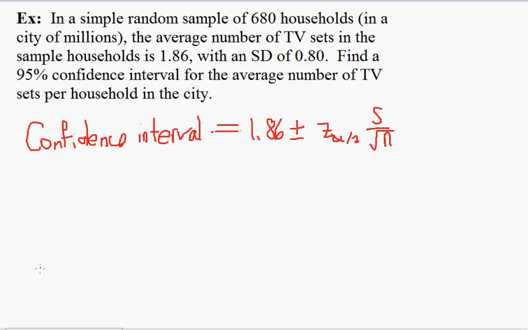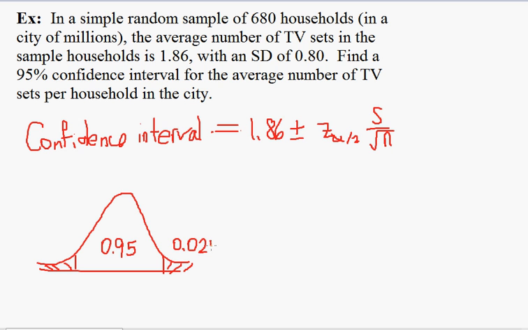So we have the bell curve, and we need to find the number so that 95% of the area lies in the middle, so that 5% lies in the tails combined, or that 2.5% lies in the upper tail.